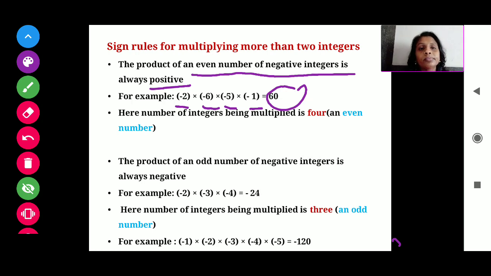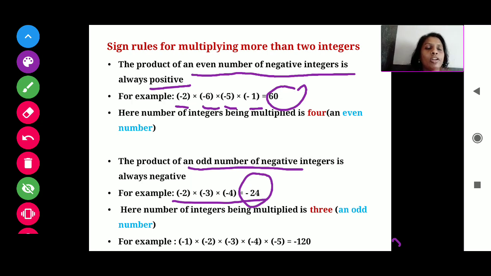Now, when you are multiplying negative integers in an odd number, here you can see -2, -3, -4. So our answer will have a minus sign. You can see that it is -24. So this thing you have to keep in your mind.